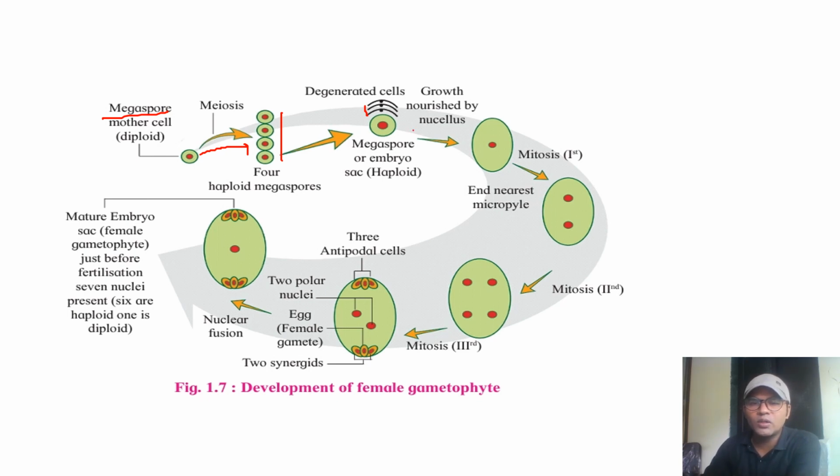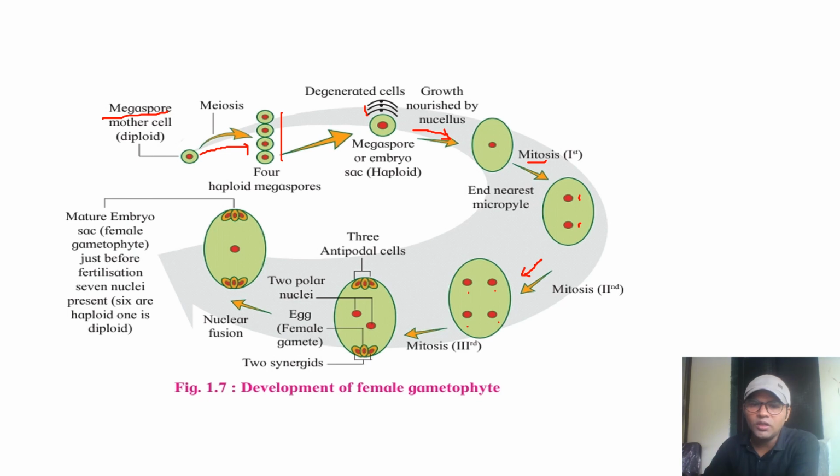So it starts growing in size, and it is well nourished by the nucellus, and it will undergo 3 mitotic divisions. The first mitotic division will lead into the formation of 2 nuclei inside. Now these 2 will undergo the second mitosis, forming 4 nuclei.